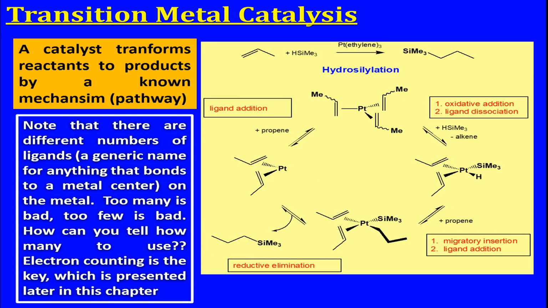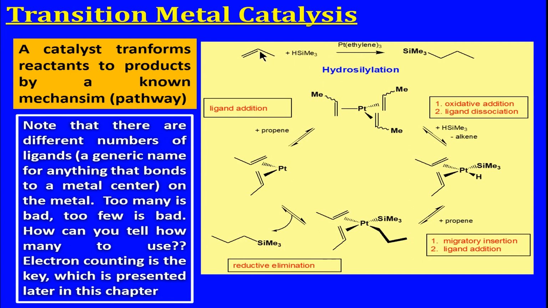Too many ligands is bad because it will decrease the reactivity, and too few is also bad because it will decrease the electron density. For example, in this catalytic cycle, which I will explain later, we have a platinum complex, and this is the hydrosilylation.